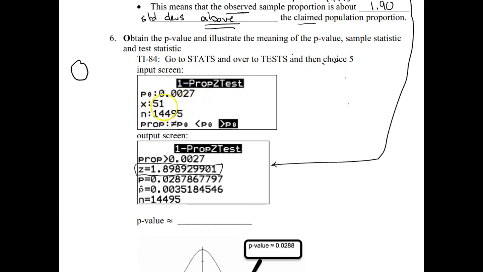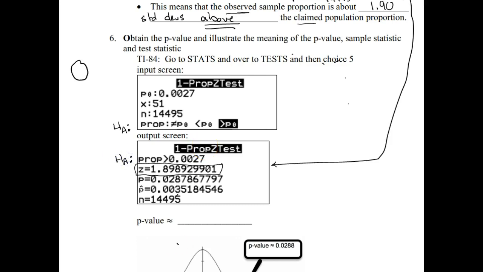X and n are from our sample data, so that was 51 and 14,495. Then for the proportion piece, we look at our alternative hypothesis. We were testing that the proportion was greater than 0.0027, so we highlight greater than p0.